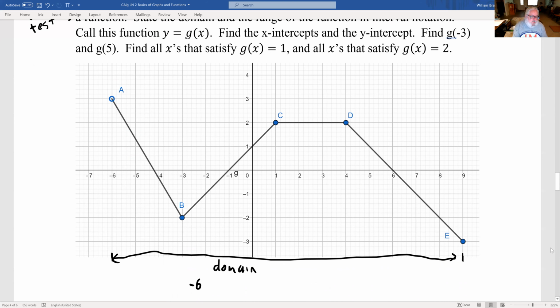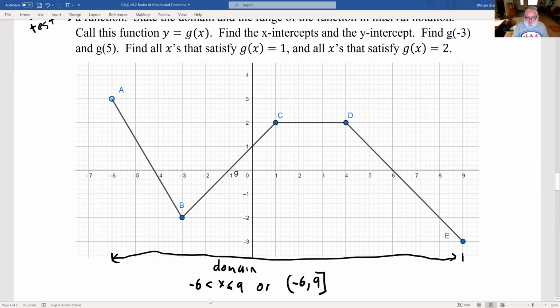There's no y value here because it's an empty hole. So it's a strictly less than. And then x is less than or equal to 9 because this one is filled in. And we write that like this. The square bracket means you're including the endpoint. The parenthesis means that you're not.